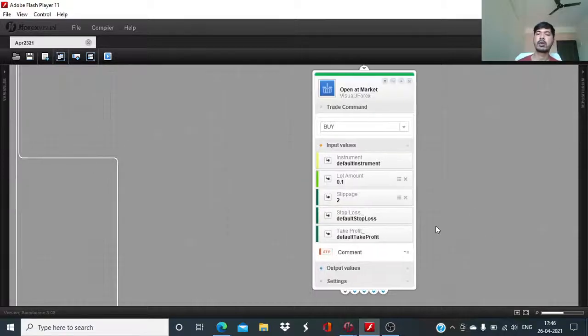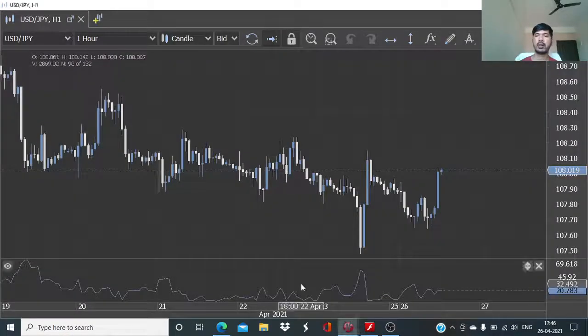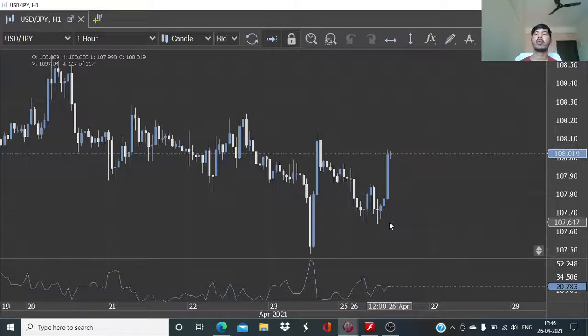Then comes the question of defining stop loss and take profit. And for that, I think it will be better if we keep the stop loss and take profit as per the immediate price volatility. So depending on the price volatility, we will have the target price and take profit defined for us.